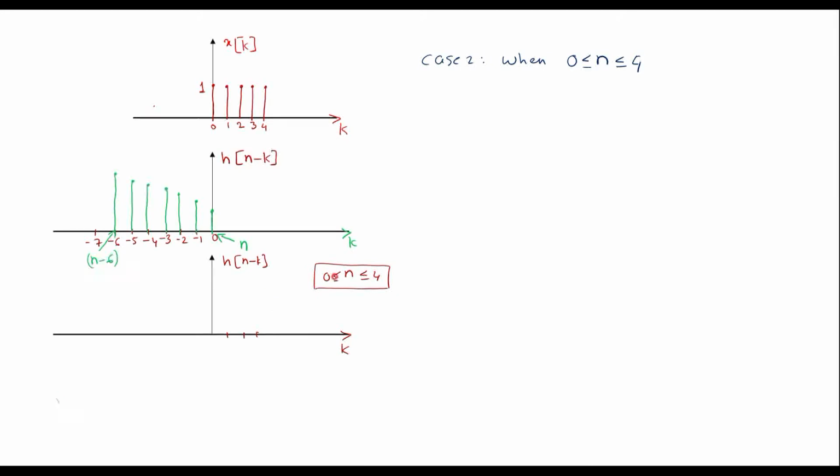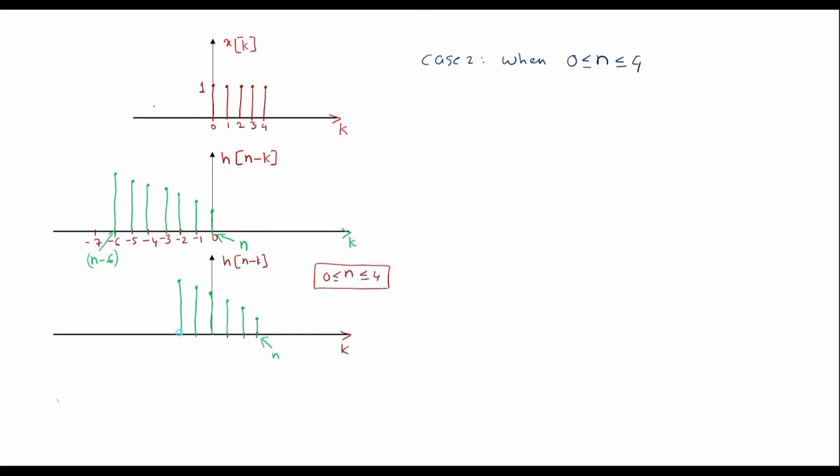Now I should make the n value either less than 4 or equal to 4. So somewhere here I will show that is the head end of h of n minus k, this is n. The next sample is this one, it will appear here. The next sample will appear here and so on. So this is n minus 1, 2, 3, 4.